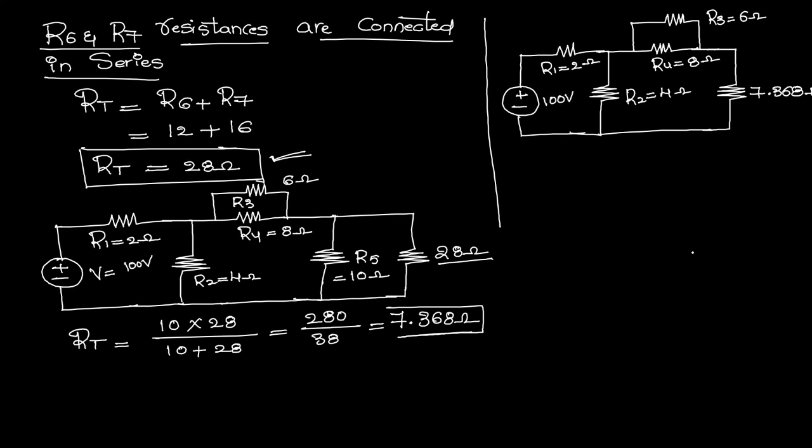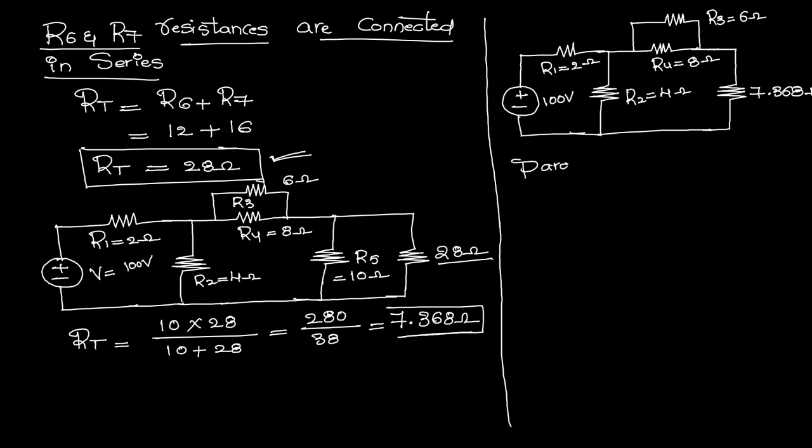Okay, now see, after getting this particular resultant, R3 and R4 both are connected in parallel, and whatever resultant we will get, that particular resultant value is connected in series with 7.368 ohms. So for that, first we need to find the value of the parallel combination of R3 and R4.